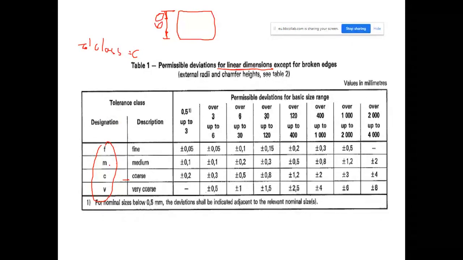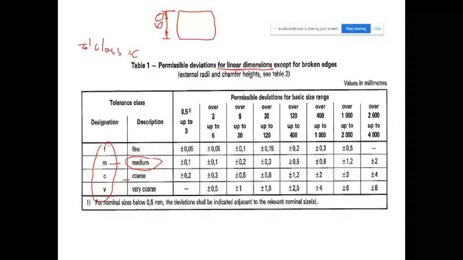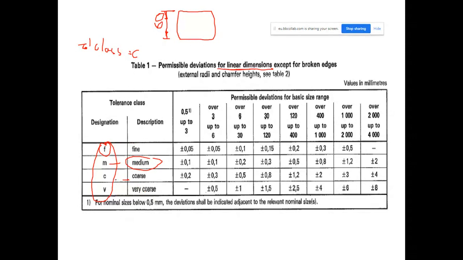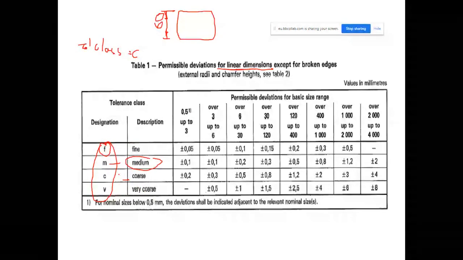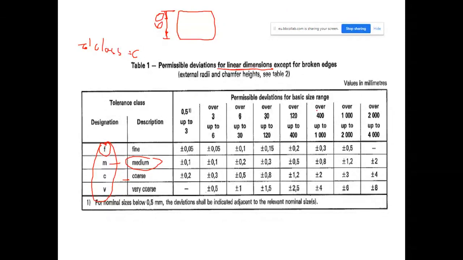If the letter shown at the title block is M, this means tolerance class is medium. You see the first letters of the words are used. If it is F, this means tolerance class is fine. If it is B, very coarse. In our example, it is coarse. And then the dimension is 60. The same rule is valid for this table.